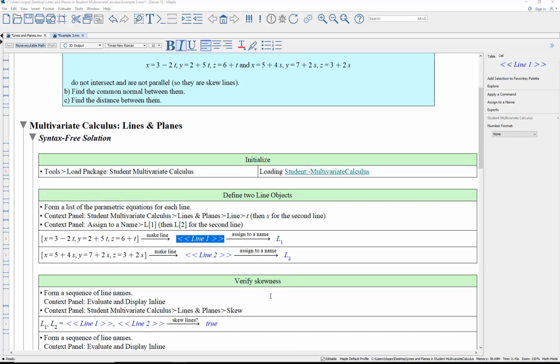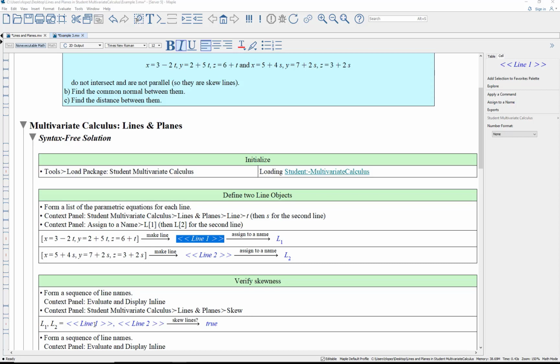So then we ask about skewness. We write the names of the two lines. And here's an instance where you do evaluate and display in line, which has a keyboard equivalent. In fact, it has two keyboard equivalents. I always use Control equal, but I think Alt Enter is an equivalent.